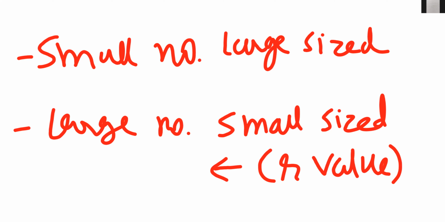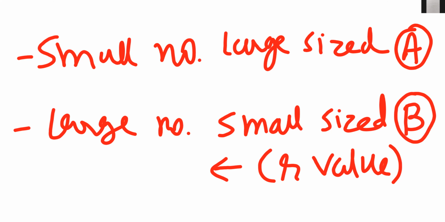I told you one more thing: more number of births, higher R value. So can you tell me, for statement A or statement B, in which one does the R value, the natural rate of increase, become higher? A or B? Correct, Swati?